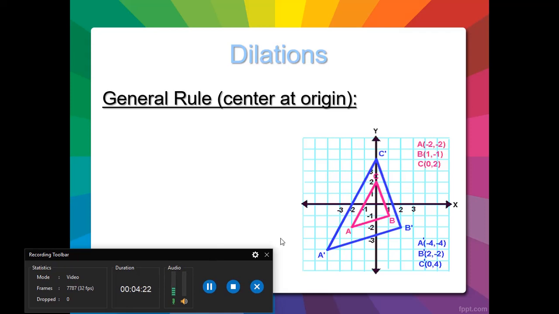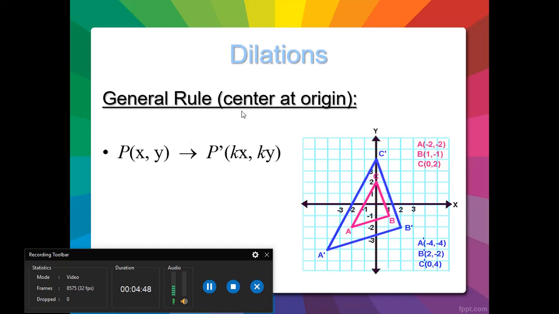So let's see if we can figure out the rule. The pink triangle is my original figure. The blue triangle is my image. So for A, we went from (-2, -2) to (-4, -4), and it did get bigger. B went from (1, -1) to B prime (2, -2). So it appears as though we're multiplying by a scale factor of 2.